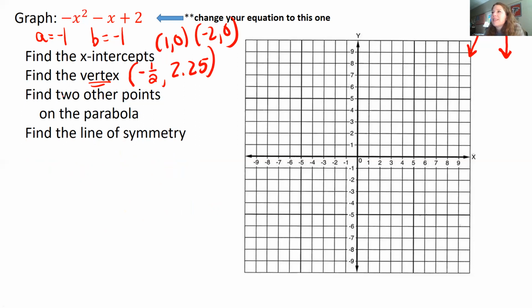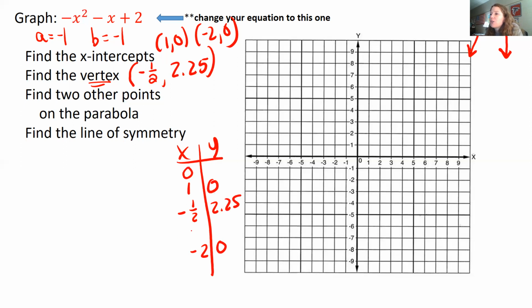All right, so now let's think about our 2 other points. So we're going to start with our vertex in the middle. So we're going to do -1/2, +2.25. And then this time I'm going to use whole numbers, all right? I've decided this time I'm going to use a number on the other side of 1, which is going to be a 0.